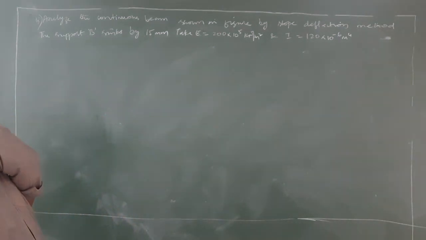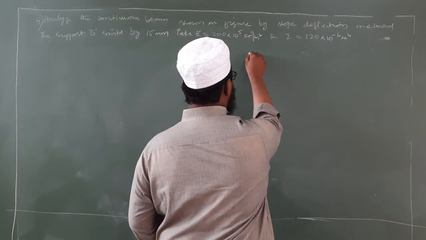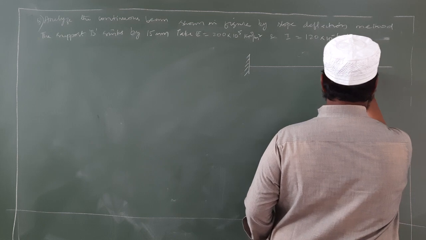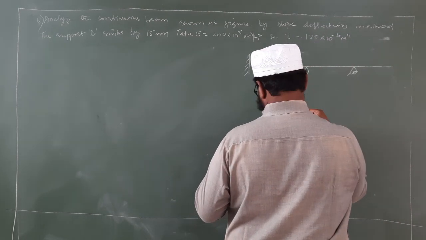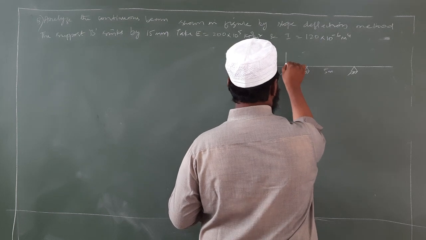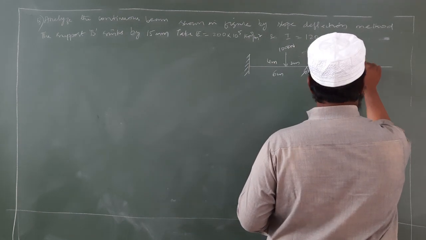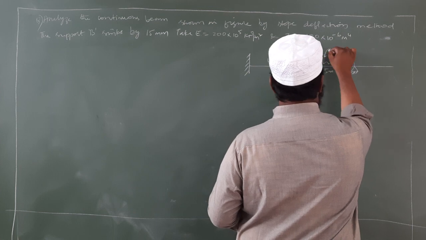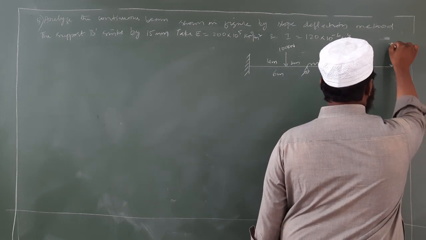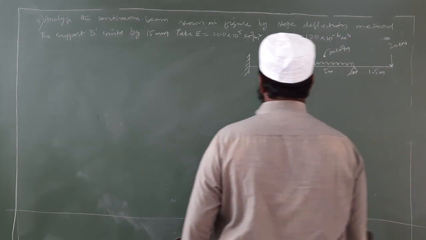The beam has spans of 6 meter, 100 kilonewton, 20 kilonewton per meter, and here is 20 kilonewton, and this is 1.5 meter. Okay, we have a cantilever portion.